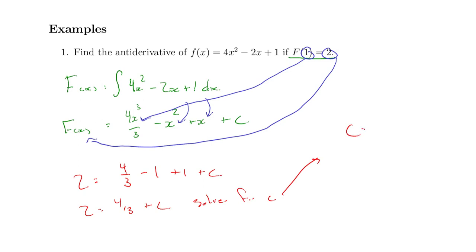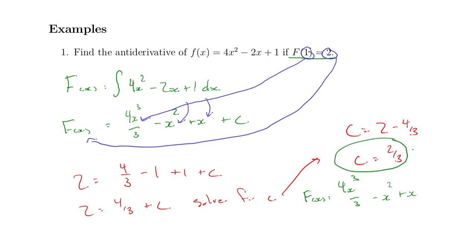What that's going to be is 2 minus 4/3, or that's really 6/3 minus 4/3, so 2/3. What this gives me is that the single antiderivative function is still this 4x cubed over 3 minus x squared plus x, but now instead of plus c, I've just solved for what the specific constant of integration is given this. So I'm going to tack on a 2/3.